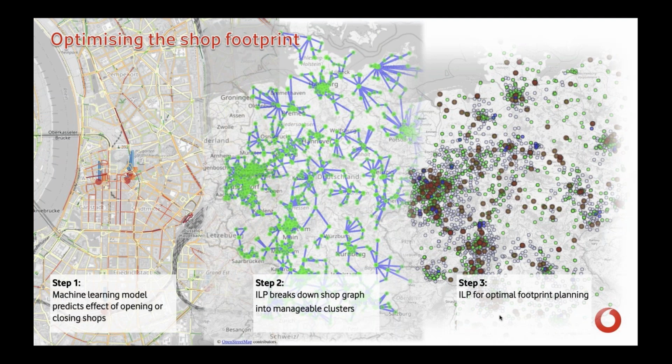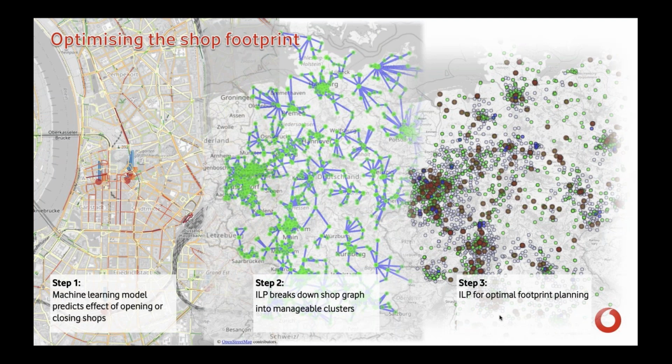And this is a combination of both machine learning and integer linear programming. So on the one hand, there is a step where we want to be able to predict what is happening if we close or open a shop, just a single one at first. And we're training machine learning models to do so. That's the first step. And these models, again, are predicting the sales volume of a shop that is opened, or how the sales volume of shops close to one that is closed actually change.